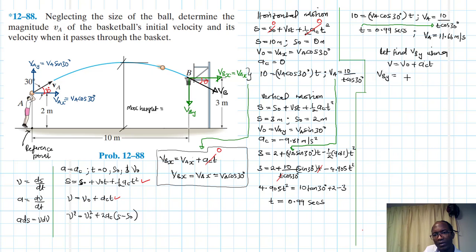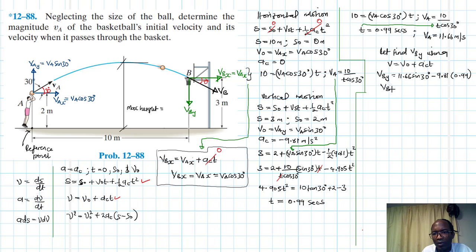VBY is equal to VAY minus 9.81 times T. So this is 11.66 sine 30 minus 9.81 times 0.99.